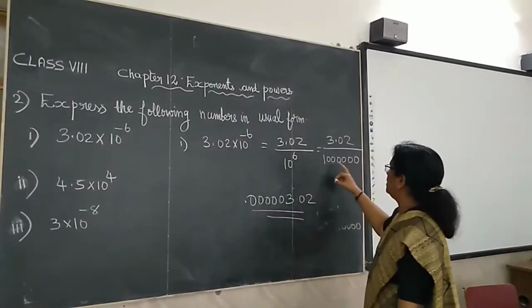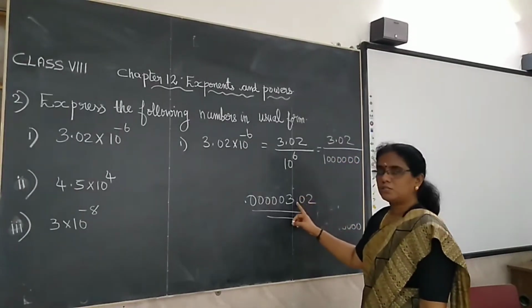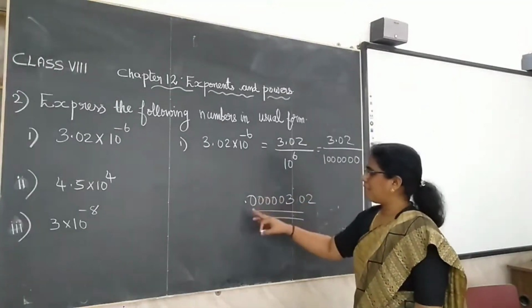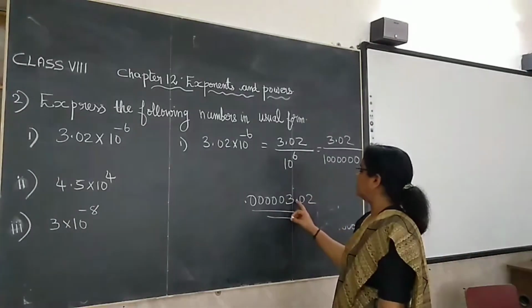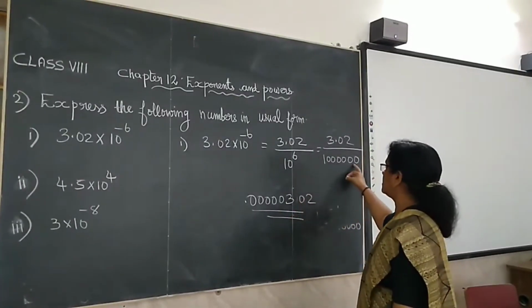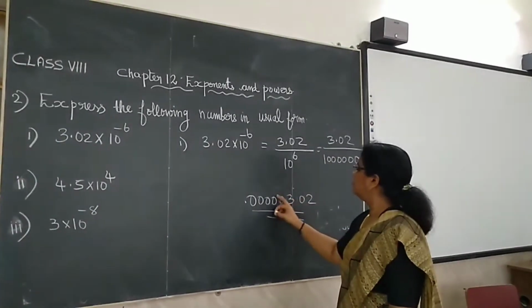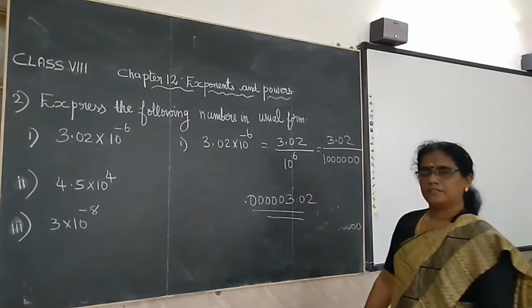Then, however many zeros there are, that many places the decimal should shift back. When you are doing division, it will shift back. When you are multiplying, it will move forward. So, first the decimal was here. Since there are 6 zeros, it should shift 6 places. Therefore, 1, 2, 3, 4, 5, 6. This is the answer.